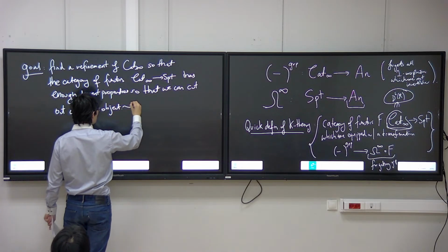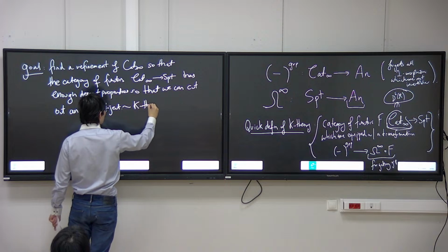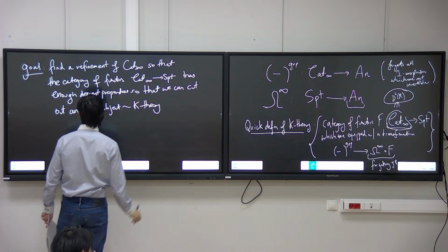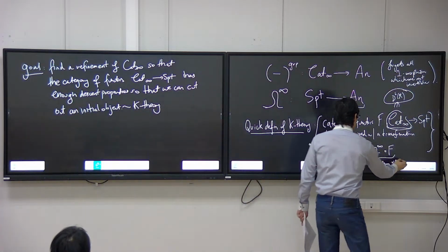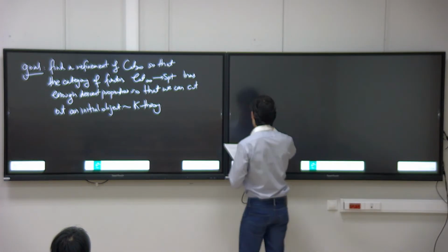Well, and this initial object will be K-theory. Okay. So here we need to work with stable infinity categories.